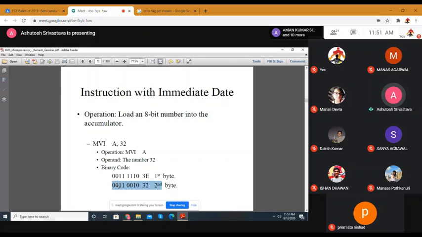Machine doesn't understand anything other than that. So if you write the instruction in the binary form, it is very much possible. But for simplification, you can also write in its equivalent hexadecimal form, which is 3E for this, while the hexadecimal of this is 32.